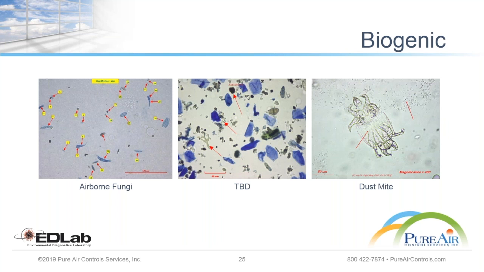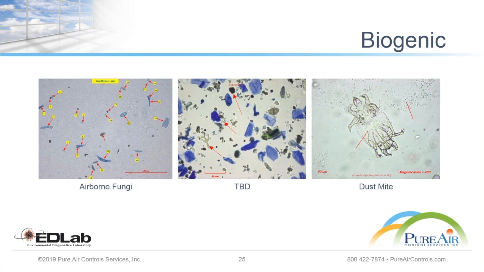Beside that, you can have various kinds of organic and inorganic material in the air, such as skin cells. Sometimes people have a skin cell allergy to what is shed by the dweller itself. Then we have the dust mite, whose poop can easily aerosolize and also serve as an allergen. So these are some good examples of biogenic substances.